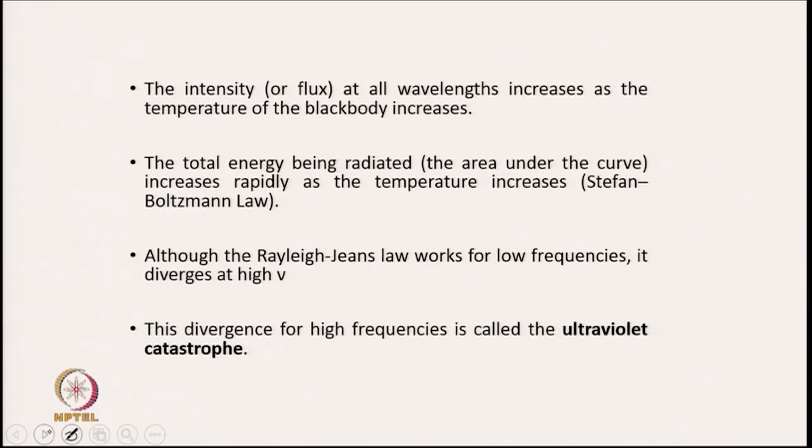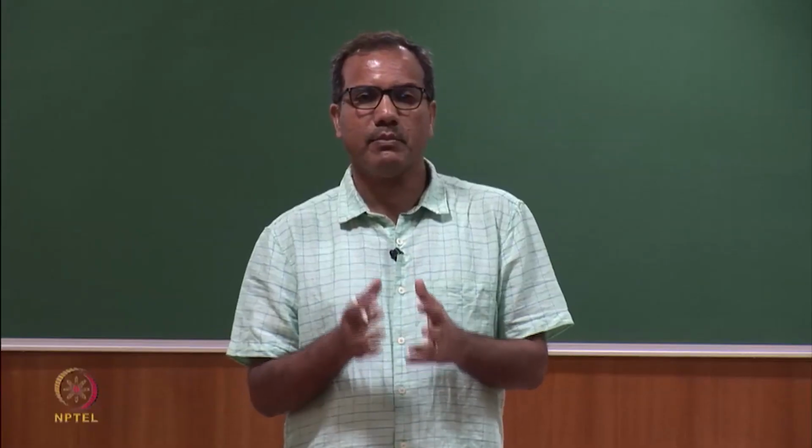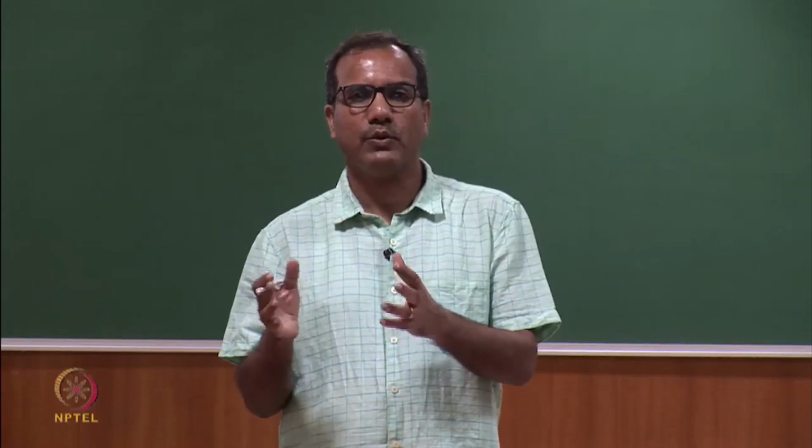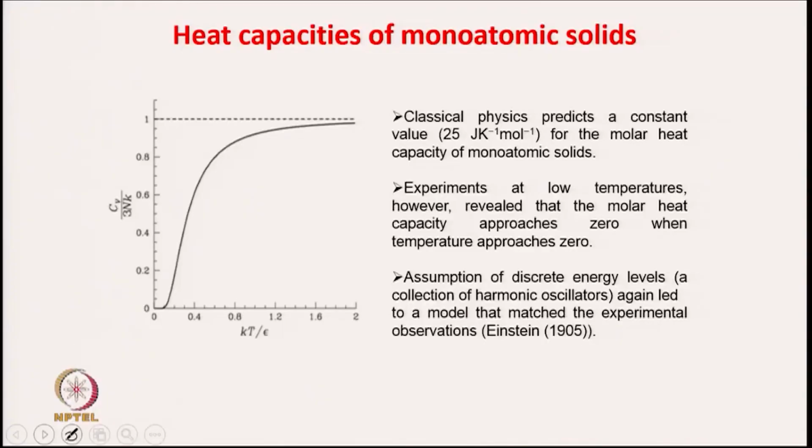The next observation is about the heat capacity of monoatomic solids. Classical physics predicts a constant value of 25 joule per Kelvin per mole for the molar heat capacity of monoatomic solids.